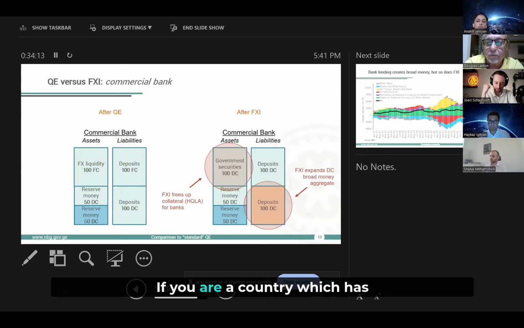If you are a country which has a collateral base for central bank operations that's not big enough, and FX liquidity is not part of this collateral, then FX interventions can have a meaningful effect on banks' liquidity. So this is equivalent to saying that FXI has an impact on domestic currency HQLA, and if HQLA for banks is something that's constraining, then it can affect bank lending, and that's one thing to take into account.